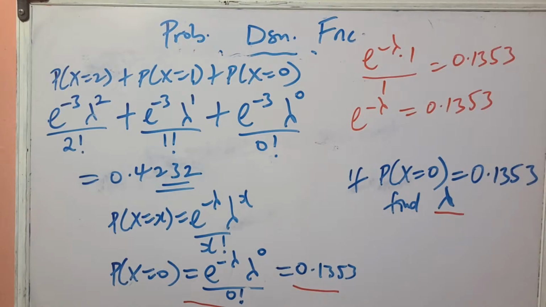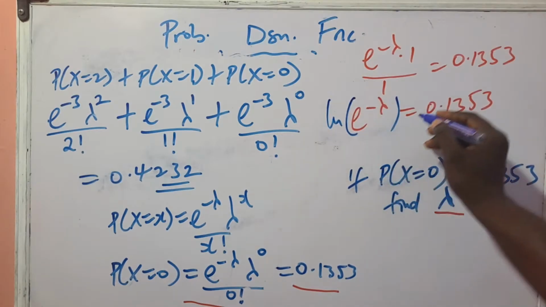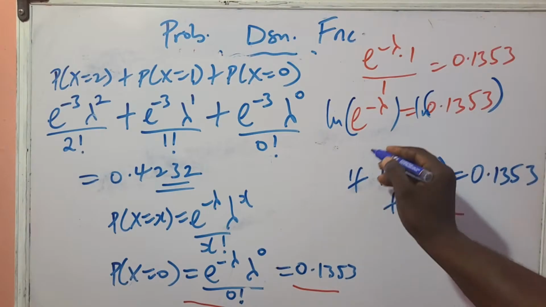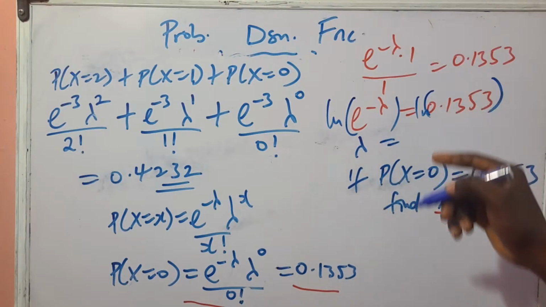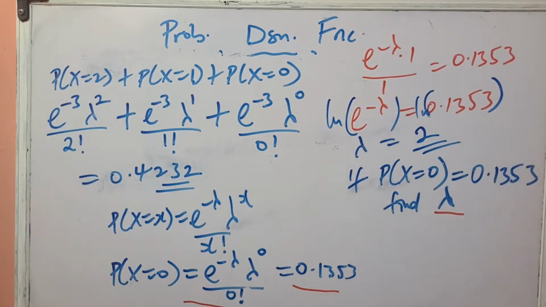So you take the ln of both sides. Exactly. You take the natural logarithm of both sides, and when you do that, you'll be getting lambda equals the ln of this, which will be 2, approximately 2, right?